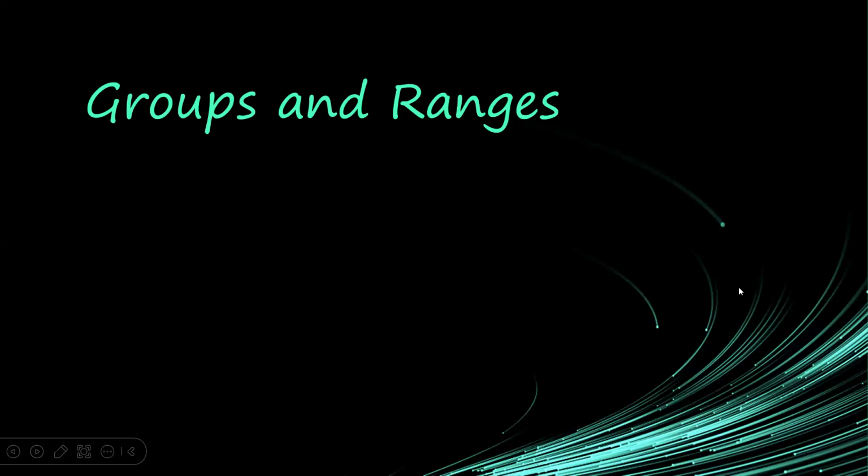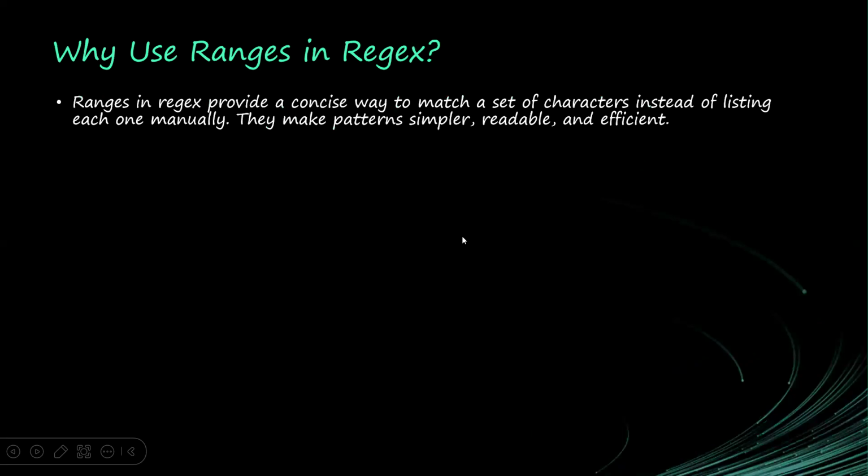So with that said, let's talk about ranges. And why do we even need ranges in regular expression? Ranges in regular expression provide a concise way to match a set of characters instead of listing each one manually.